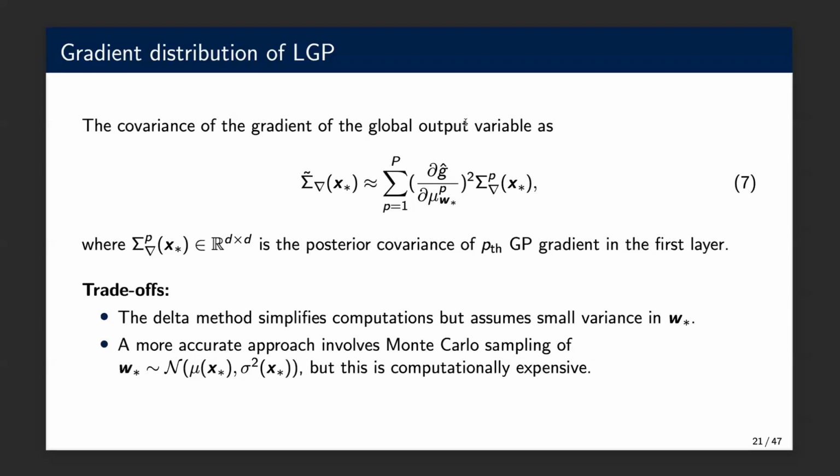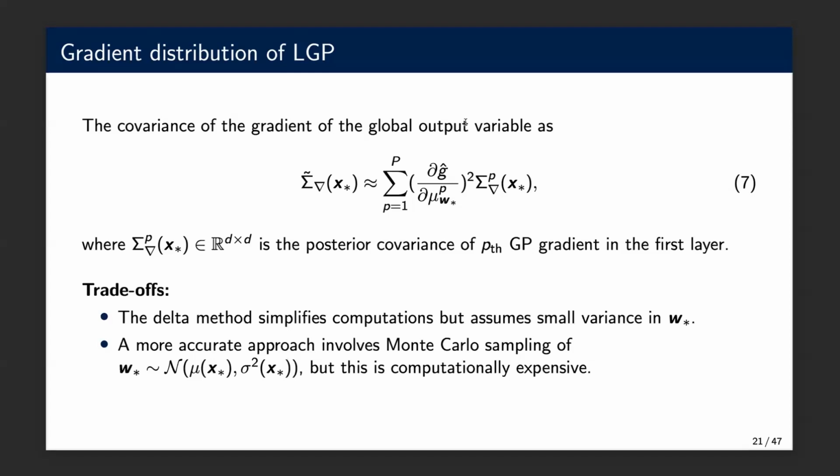The good side is that the delta method simplifies computation. But the drawback is that we assume very small variance in W star, so using this method we definitely lose some uncertainty consideration.